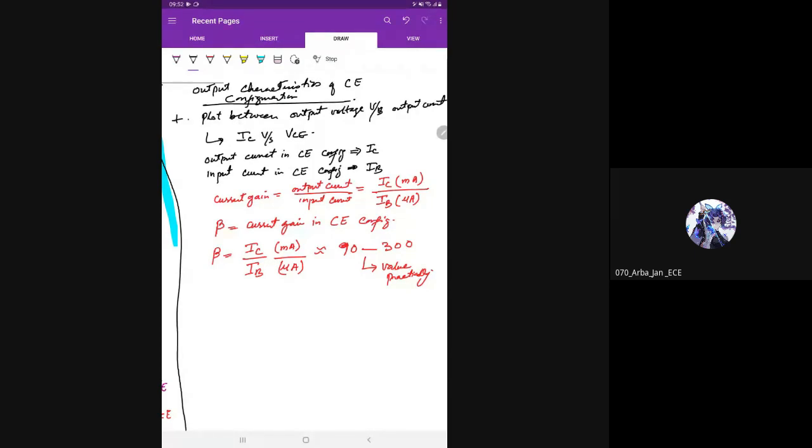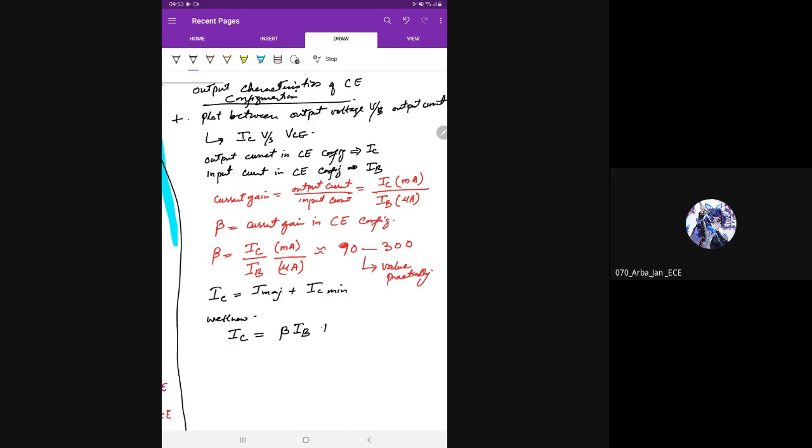The way we used to represent it in common base, we said IC is equal to IC majority plus IC minority. हमने ये ऑलरेडी डिस्कस किया है क्लास में. इसी तरीके से यहाँ पे भी हम उसको डिस्कस करेंगे and we will be able to find out that, I may derive this equation somewhere, but you can also try it at your home. IC is equal to beta times IB. वहाँ हमने देखा था alpha times IB.